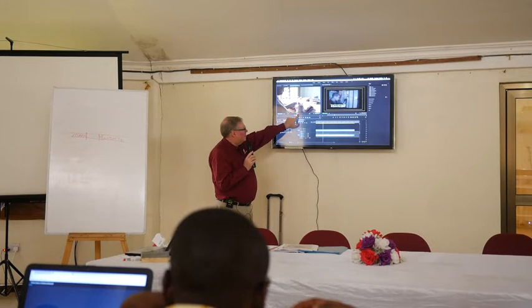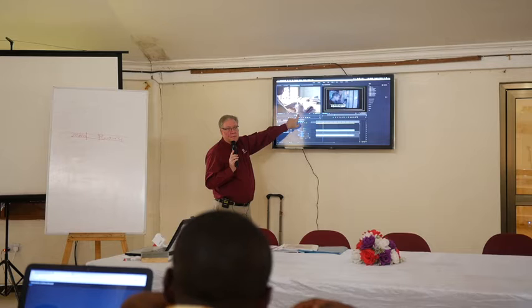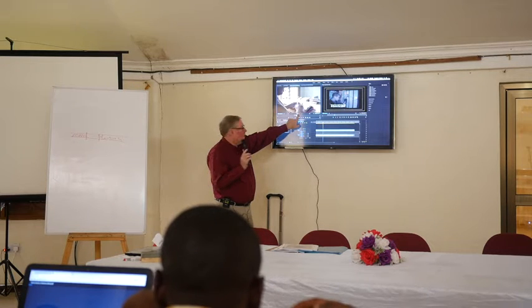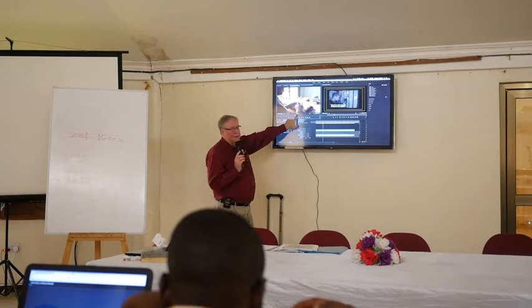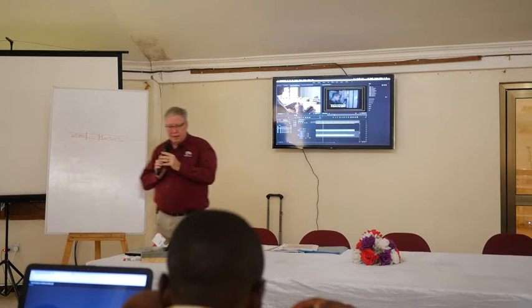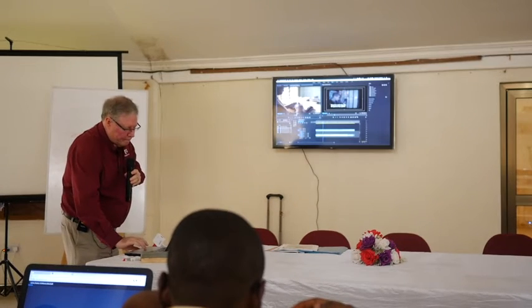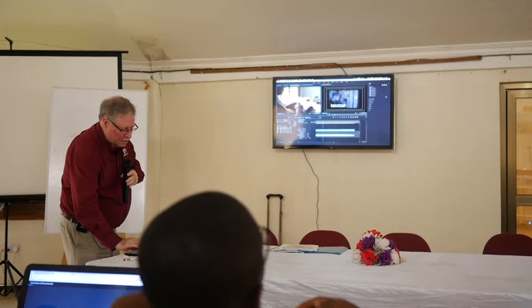Right here, so that looks like an audio waveform, and that looks like a piece of film. I'm going to click on the piece of film. You notice when I come down to the timeline, there's no audio. See at the bottom? Nothing.